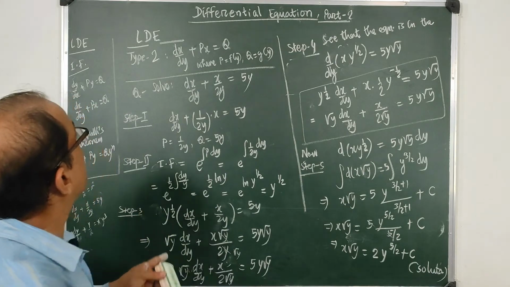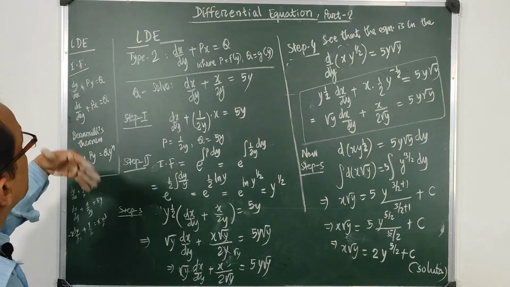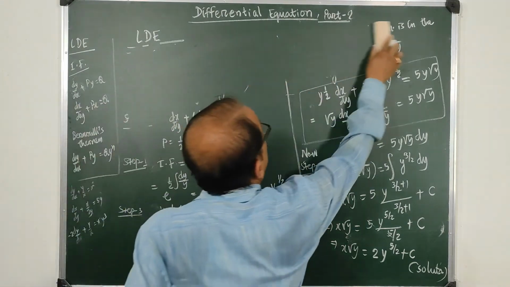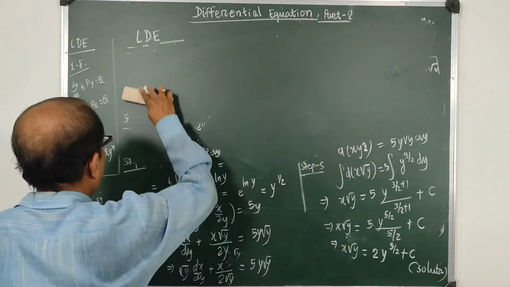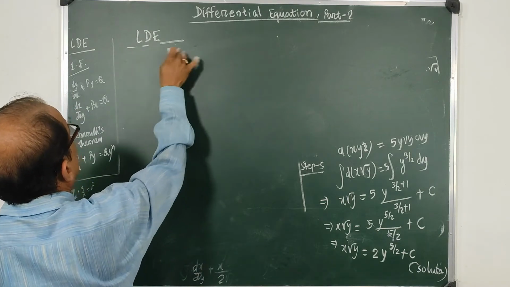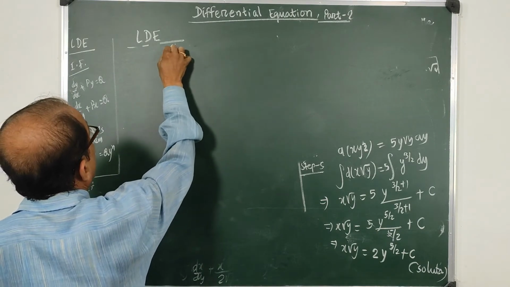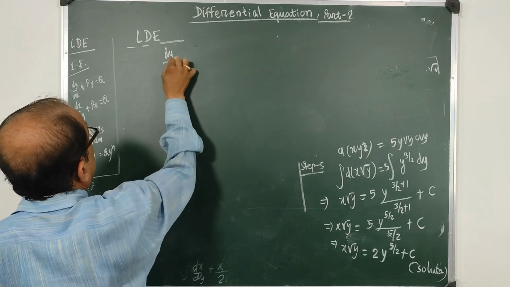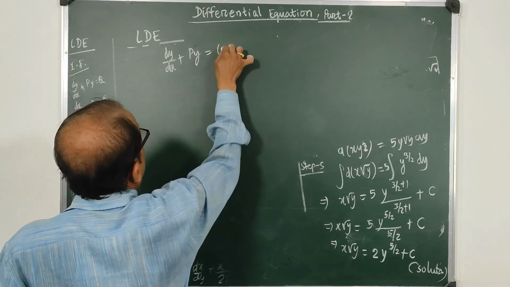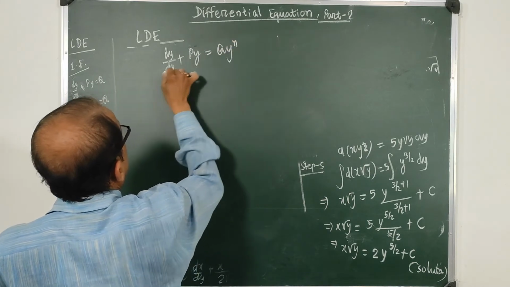So this is the method in which we solve the second type. And what is the Bernoulli's form? In Bernoulli's form, Bernoulli's theorem, we have an equation like dy by dx plus py is equal to q y to the power n.